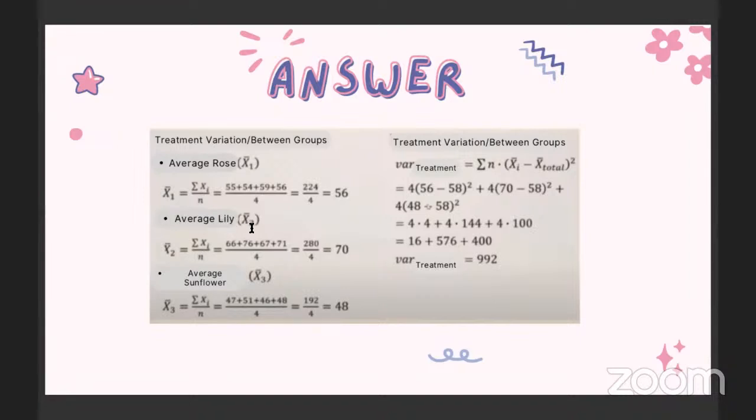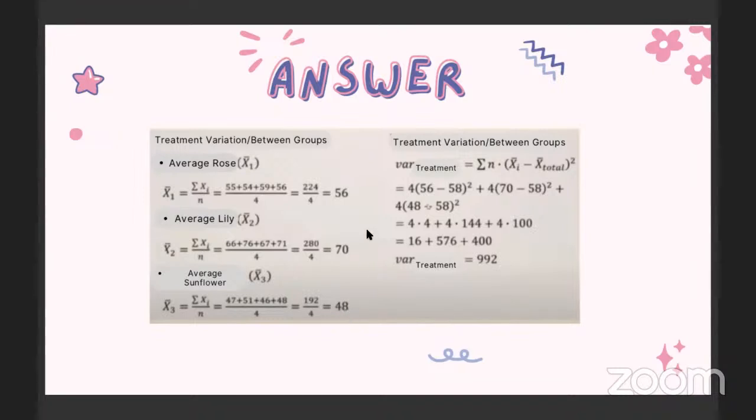Average lily, or X bar 2, is 66 plus 76 plus 67 plus 71 divided by 4, which is 280 divided by 4. So the result is 70. Average sunflower, X bar 3, is 47 plus 51 plus 46 plus 48 divided by 4, which is 192 divided by 4. The result is 48.